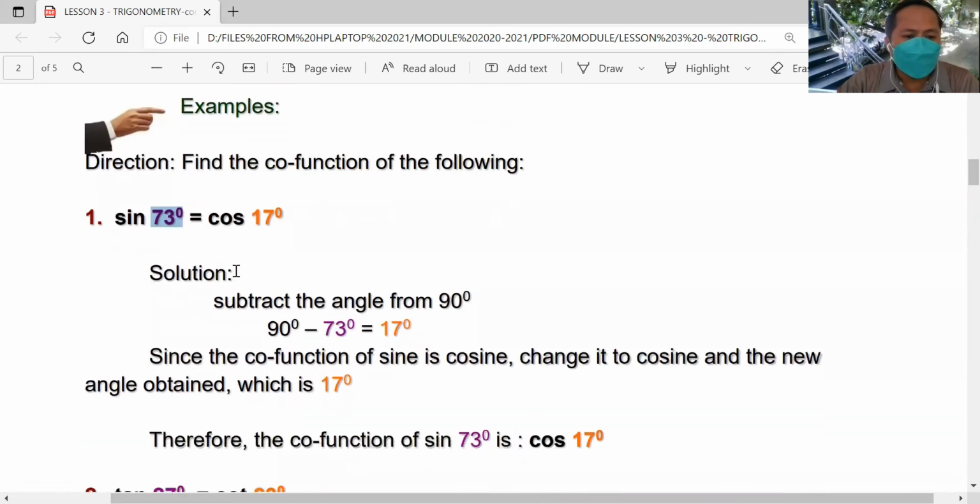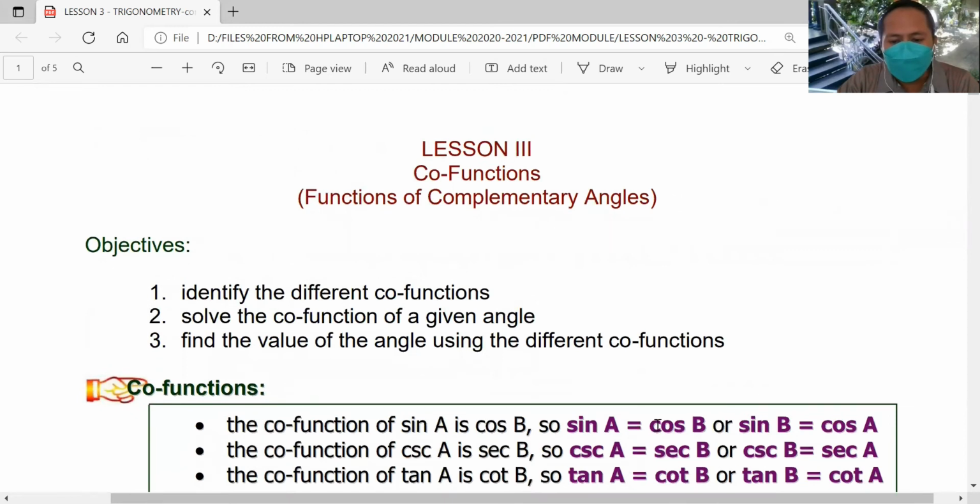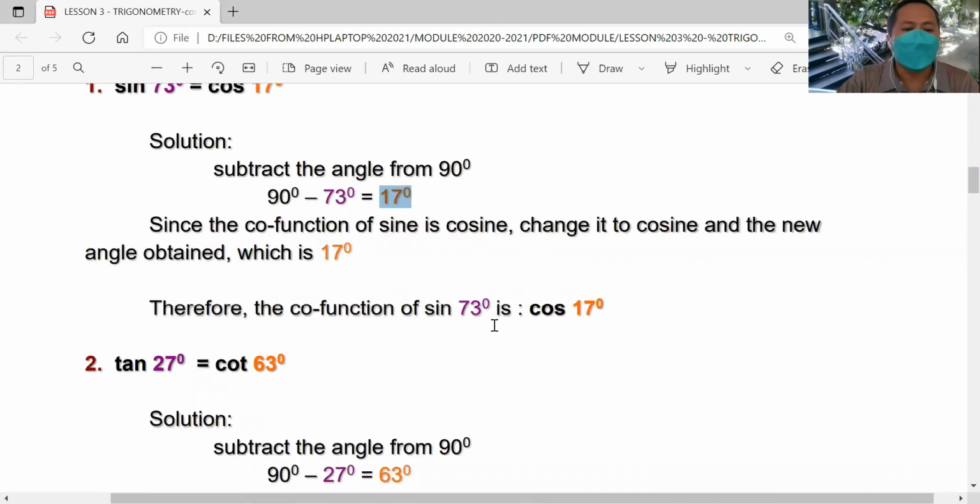So subtract 73 degrees from 90 degrees, and we have 17 degrees. That is why we have cosine 17 degrees. That is based on the formula, correct? Sine A equals cosine B. Therefore, the cofunction of sine 73 degrees is cosine 17 degrees.